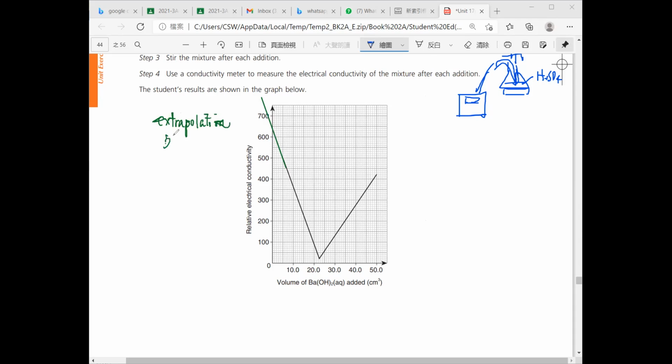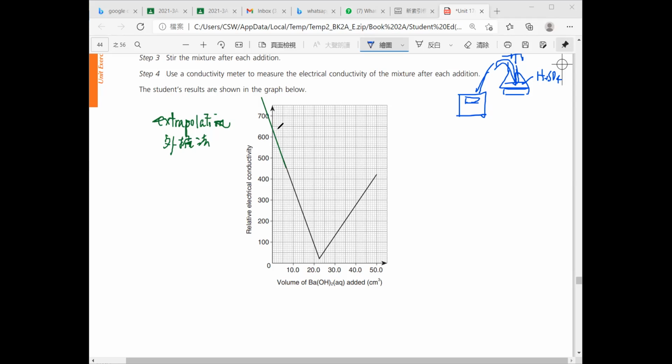Extrapolation, 外推法. So it is a way to project what will happen next, for ease of the data treatment. So the data will keep track, and you say that it is in line with the trend, and goes to around where?